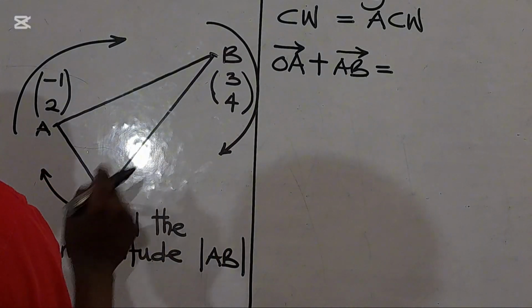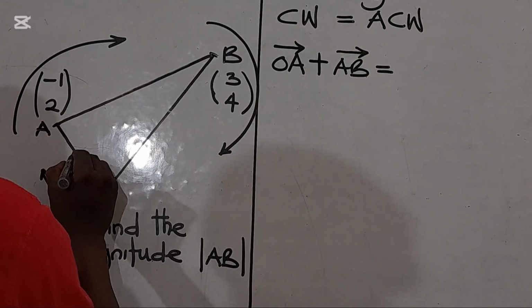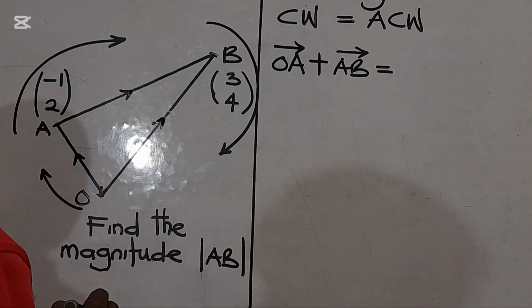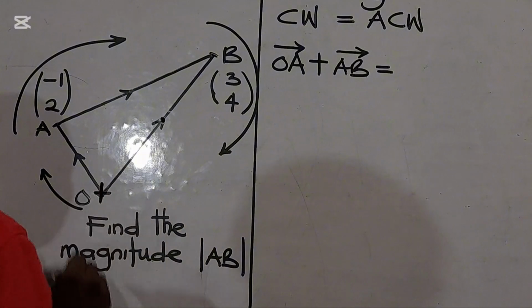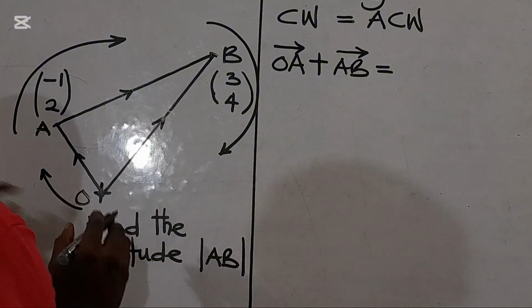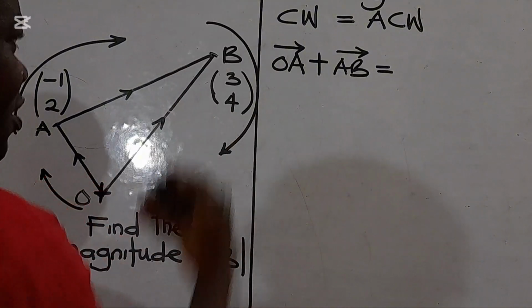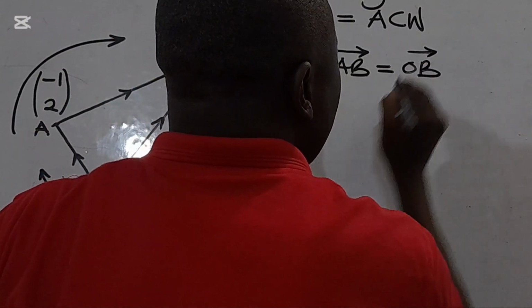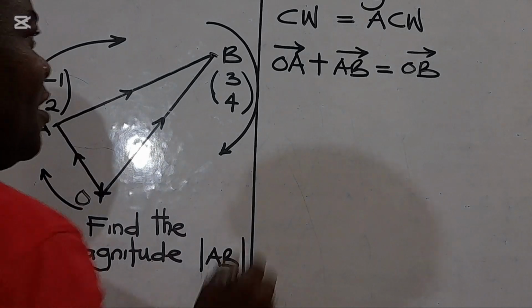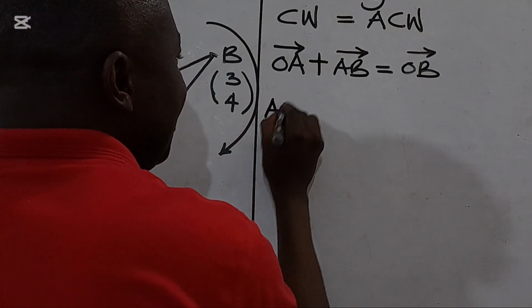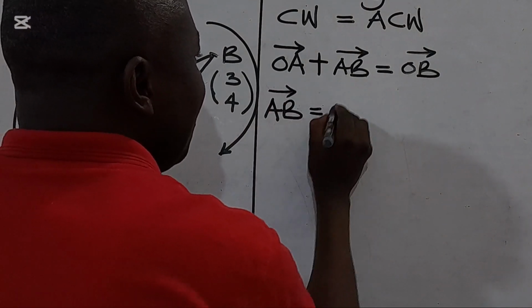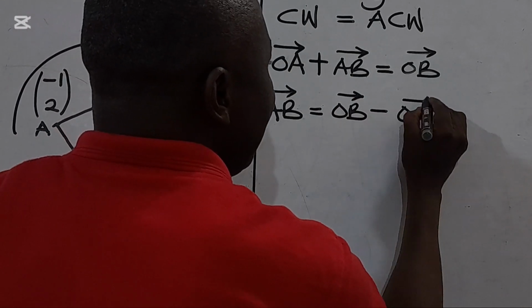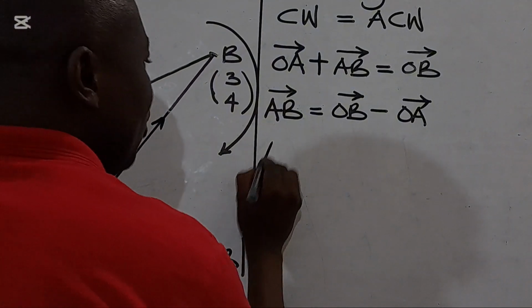BO, no, this goes to the opposite. Okay, let me put the arrows there so we'll not be confused. This goes from the origin, but this is anti-clockwise because it's going opposite to clockwise direction. OB is anti-clockwise. So to get AB, we have OB minus OA.